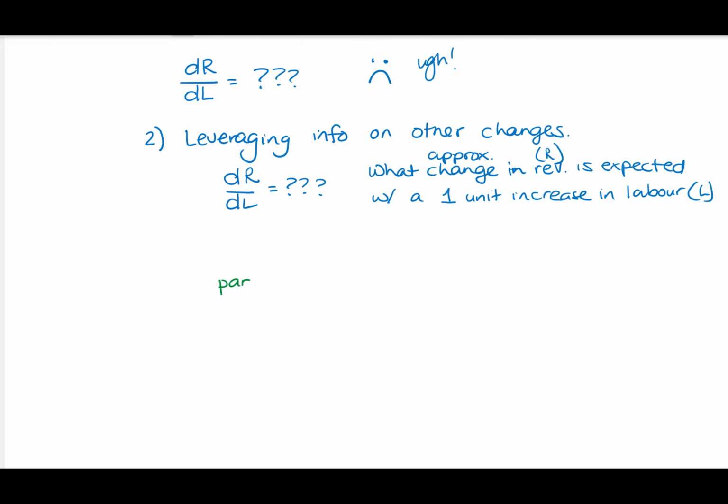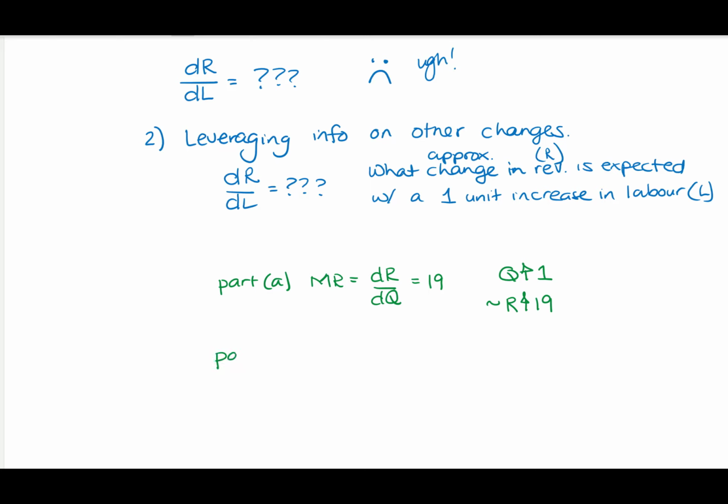What we determined in part A was that the marginal revenue, which by definition is dR/dQ, is 19. So as Q increases by 1 unit, we expect that R will increase by approximately 19 units. That's what that means by definition.